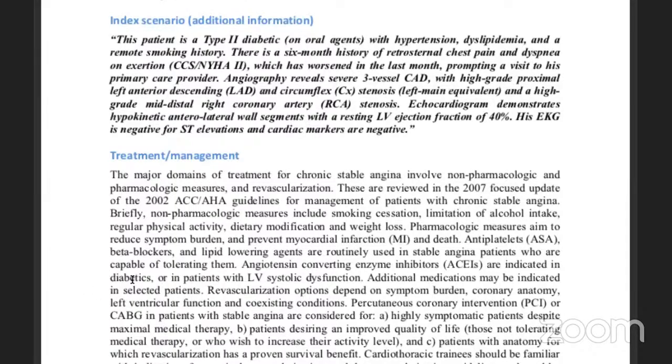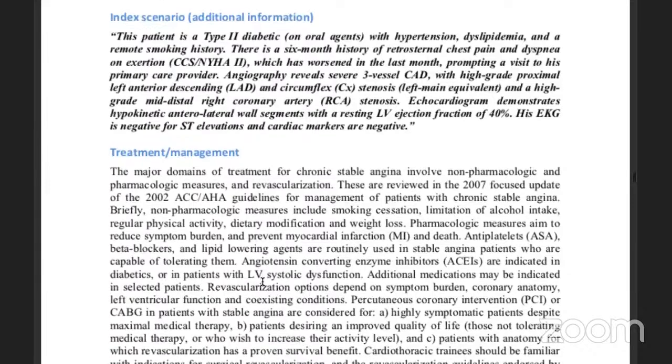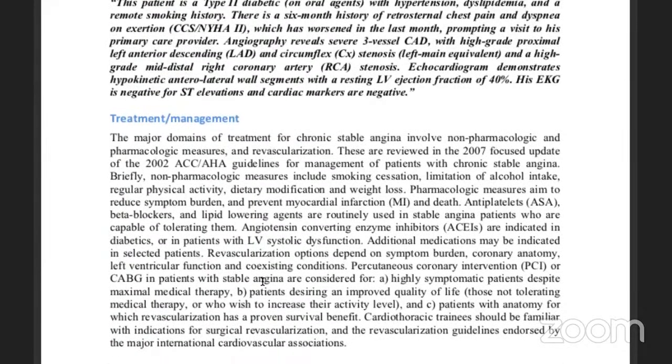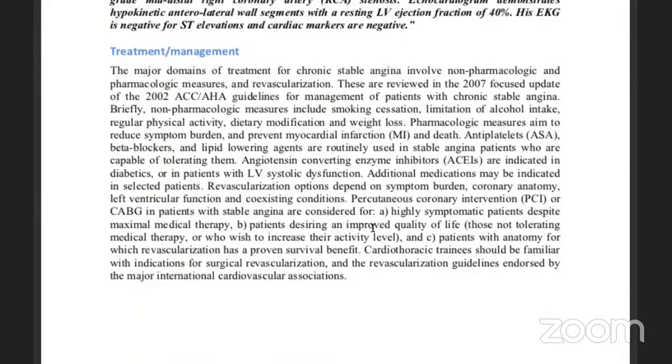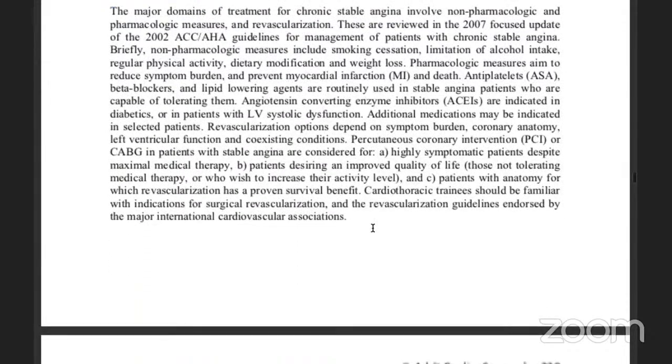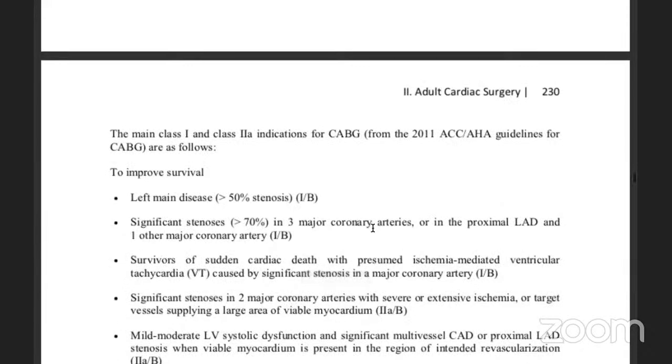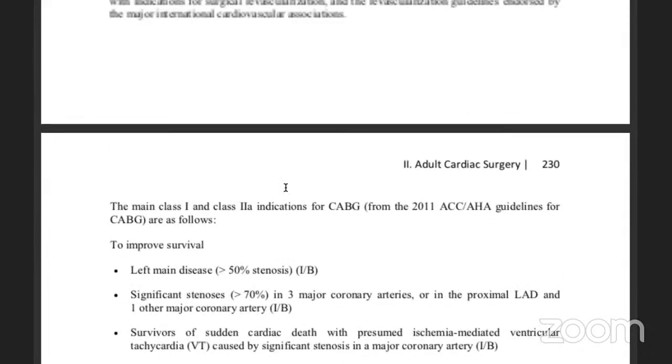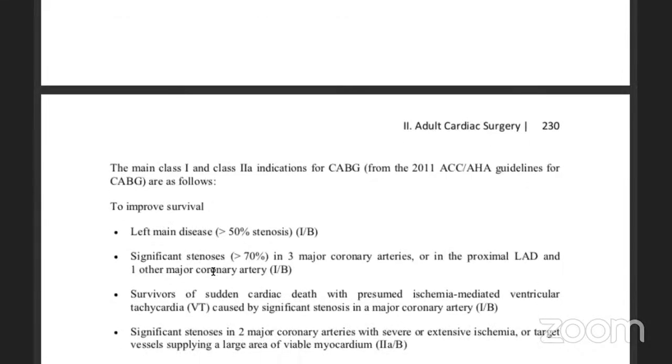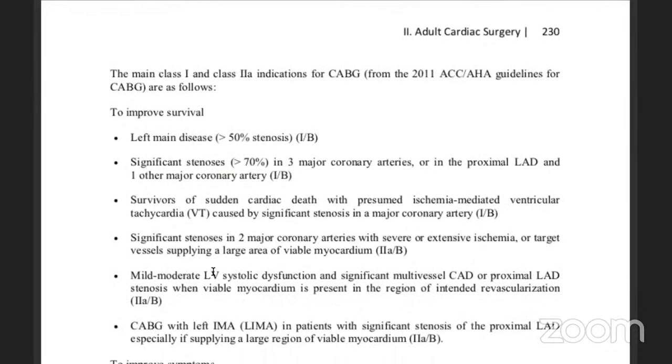ACE inhibitors are indicated for diabetic patients and patients with LV systolic dysfunction. Revascularization depends on the guideline. In this case, he's left main equivalent with diabetes, and CABG is class 1 to improve survival.